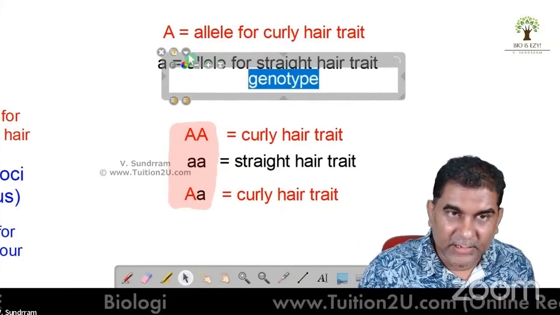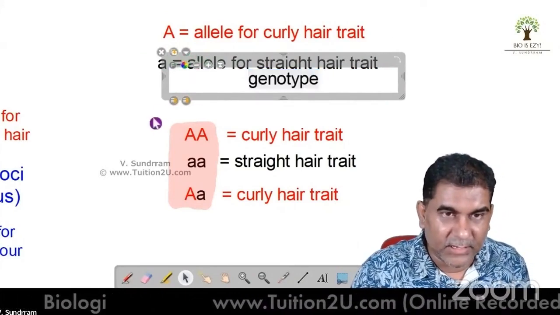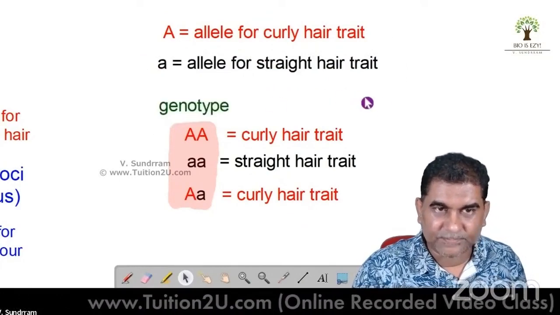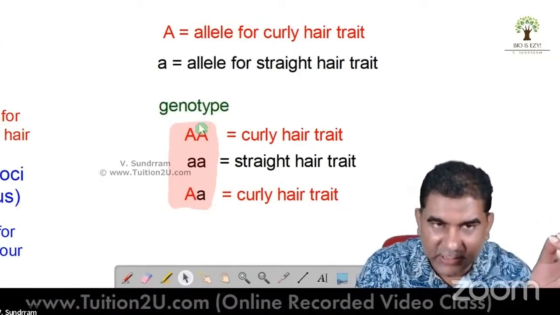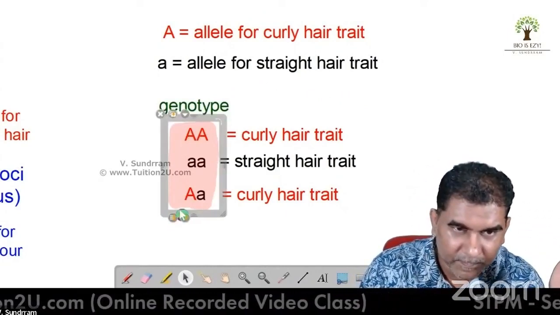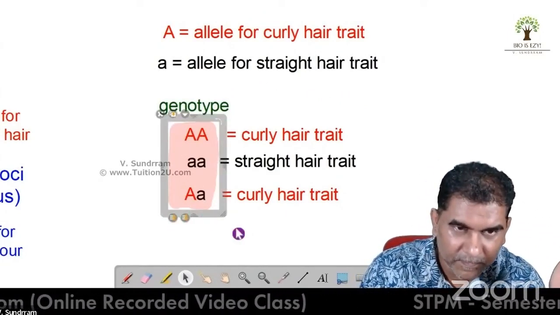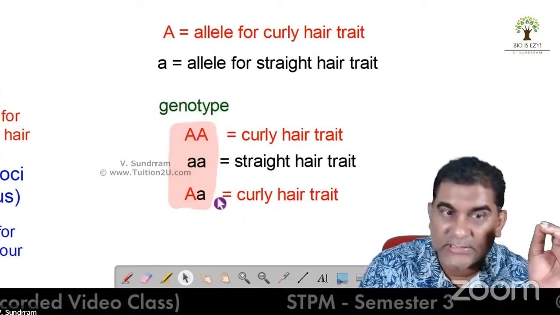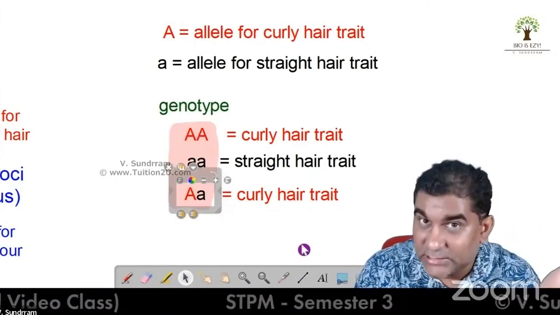I'm running out of colors. Okay, great. This is known as genotype. Capital A is a genotype. Small a is a genotype. Capital A, small a is a genotype.